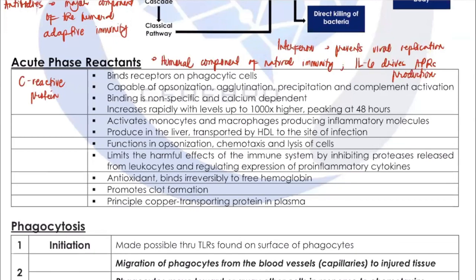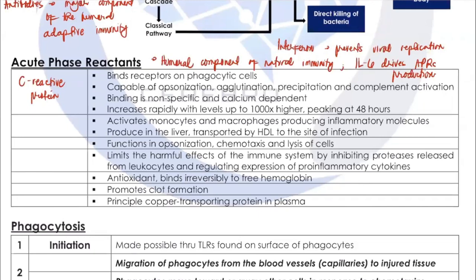But later on, because of structural differences, it was found out not to be an antibody. So si C-reactive protein, this is the most sensitive among all our acute phase reactants. It is the most sensitive because it is able to increase rapidly with levels of up to 1,000 times higher, peaking at 48 hours after the onset of inflammation.